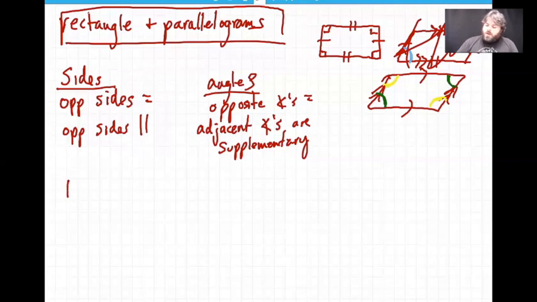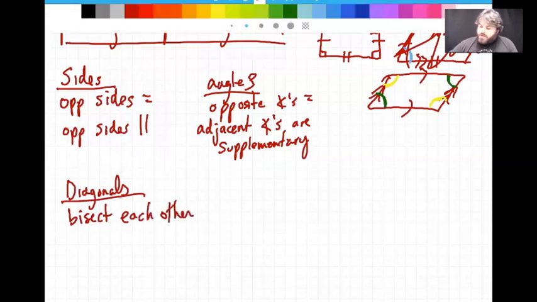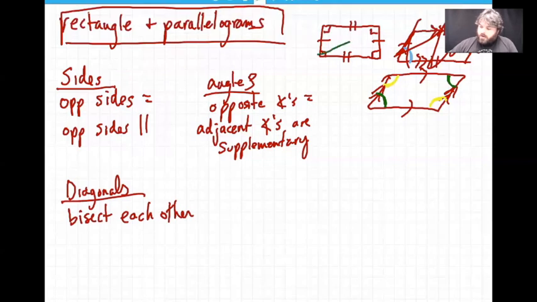All right, so moving on to the diagonals. What do we know about the diagonals? Well, they bisect each other. When they cross, when I look at these diagonals here, I've got a diagonal here and a diagonal here. They bisect each other into equal parts.